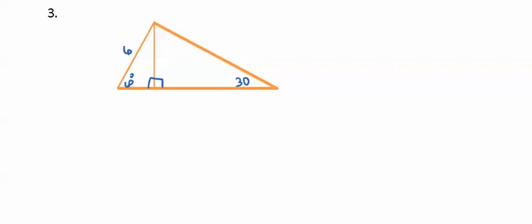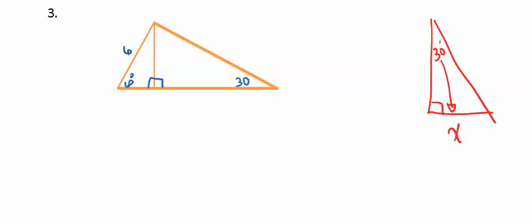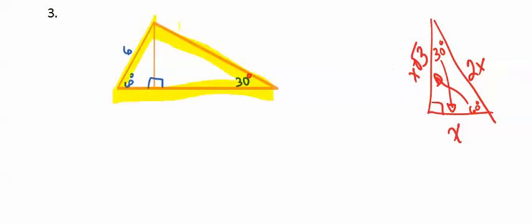Looking at example 3, we see that again it's a 30, 60, 90. So again, if you need a little reminder, in a 30, 60, 90, across from the 30 is the x, the hypotenuse is 2x, and across from the 60 is x square root of 3. Now, if we look at the bigger triangle, you'll notice that we have 30 and 60.